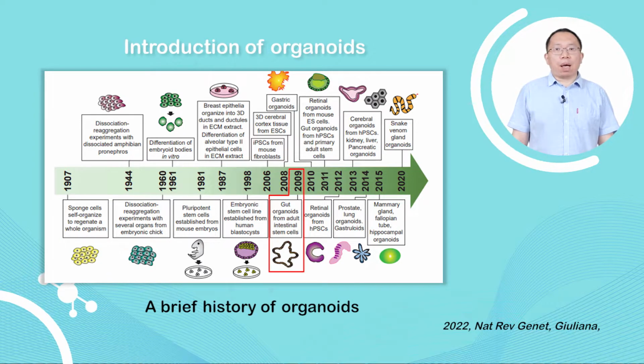In 2009, a landmark study from Hans Clevers first reported establishing a 3D organoid culture derived from a single Lgr5+ stem cell, which set the scene for many subsequent organoid works in other systems, including stomach, liver, pancreas, lung, and kidney, and neuroectoderm, using adult stem cells or human pluripotent stem cells.